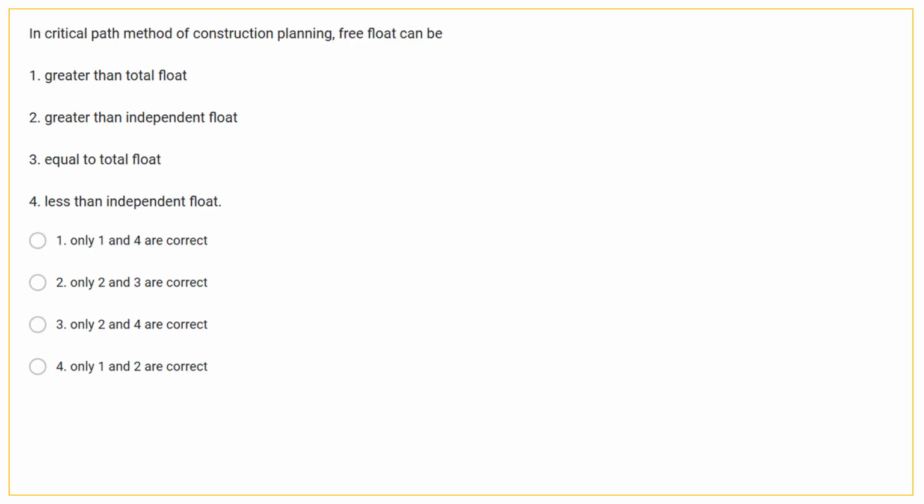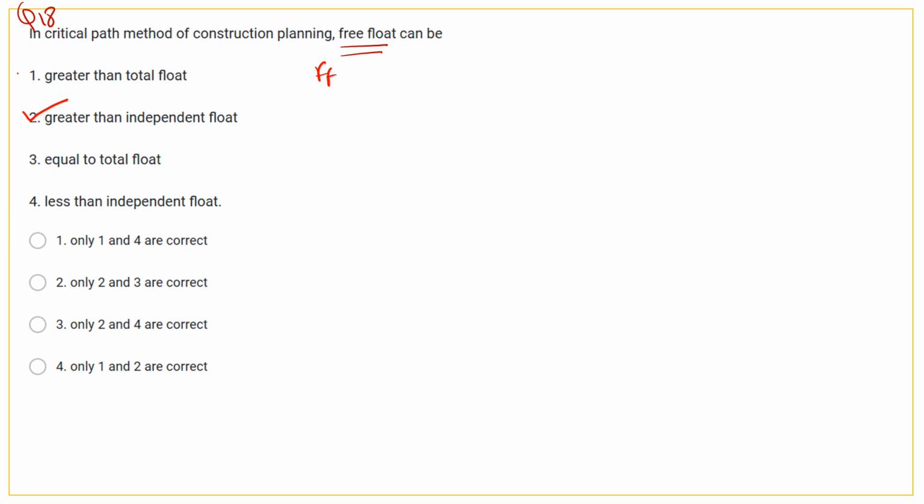The next question, question number 18. In critical path method of construction planning, free float can be. Okay, here the first option is greater than total float. Free float is not greater than the total float. Then the second is greater than independent float.